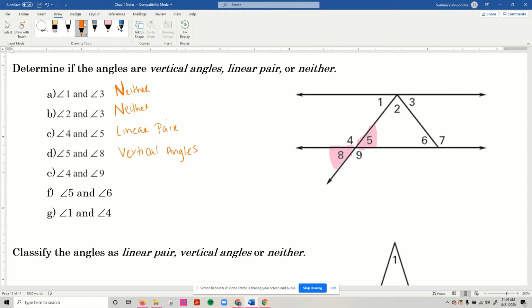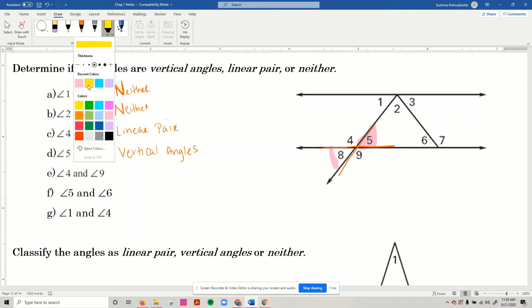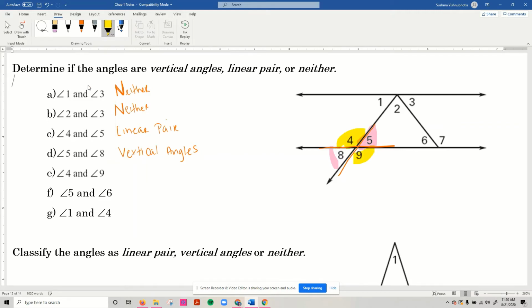Okay. They're across from each other, they're opposite, and they're formed by these two intersecting lines. Okay. 5 and 8, vertical. Now, 4 and 9 are also vertical. Okay. So when two lines cross, you come up with two pairs of vertical angles. And if you look at 4, 5, 9, and 8 together, if I drew it better, it would form a circle. So both pairs of vertical angles add up to 360.